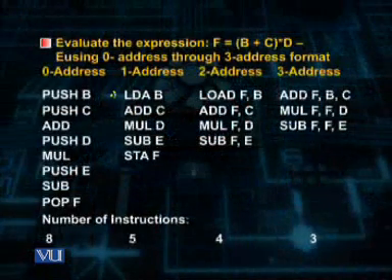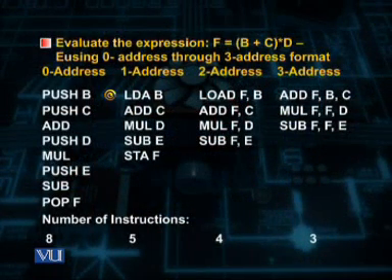For this purpose, the first instruction is LDA, which stands for load accumulator, and we have to load the value of operand B onto the accumulator before issuing the instruction add.